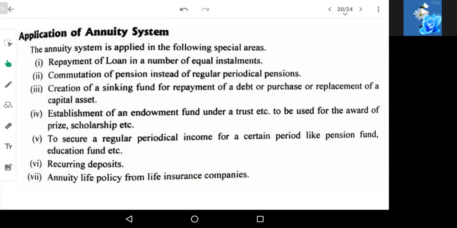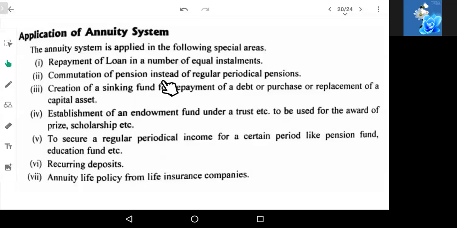Any product that you buy, a TV for your home, a new laptop, a computer or a mobile phone, for every single item there are EMIs available today, so you can repay the amount in monthly installments. So in that case annuity is used.